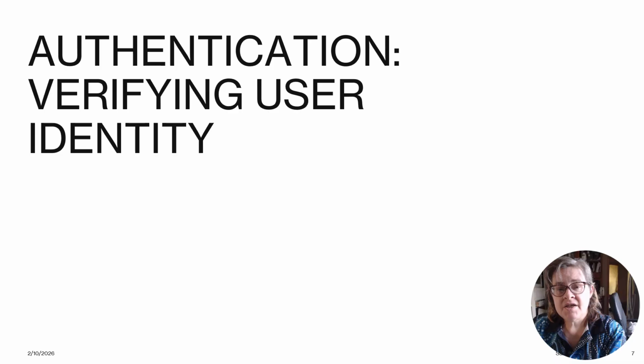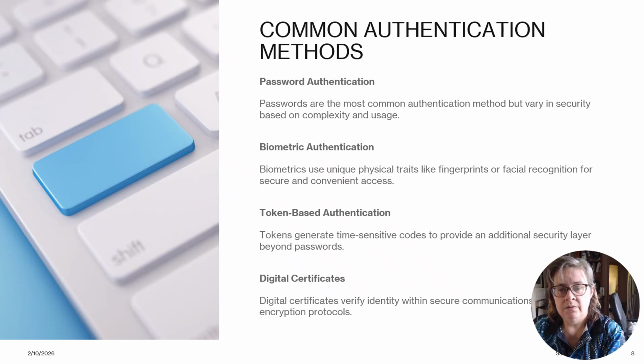Authentication is the process of confirming a user's identity. The following section explores common methods, multi-factor authentication, and related challenges. Authentication methods can include passwords, biometrics, tokens, and digital certificates.